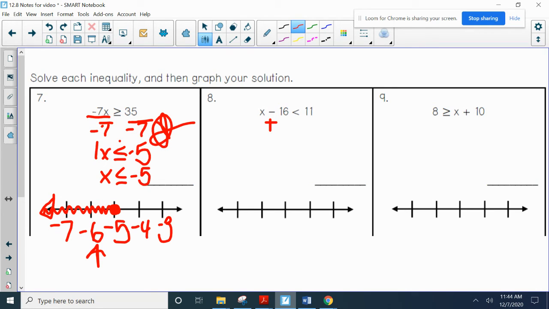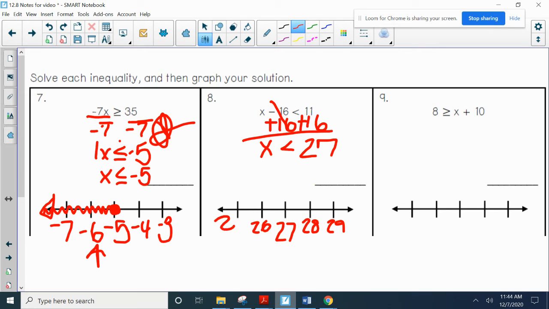So to get rid of subtraction, we add. So minus 16 plus 16 cancel. So we have x is less than 11 plus 16 is 27. All right, we're going to put our 27 in the middle. 28, 29, 26, 25.